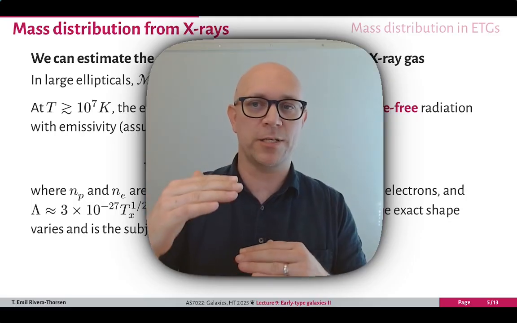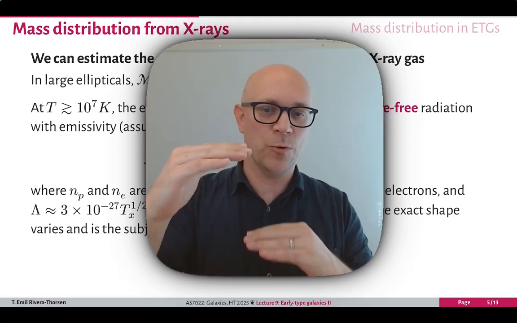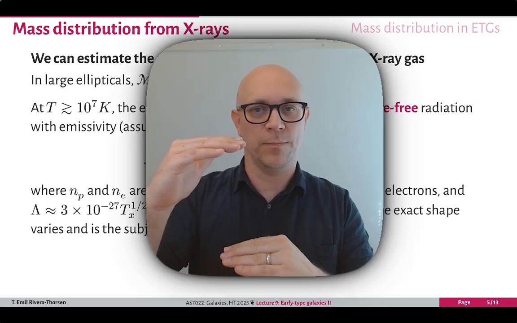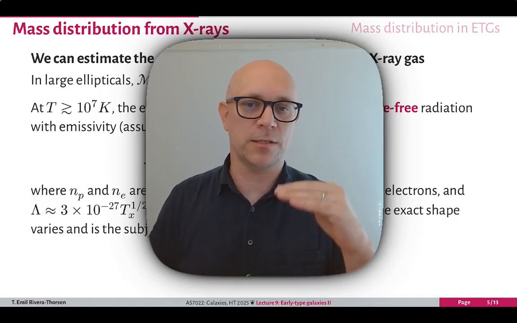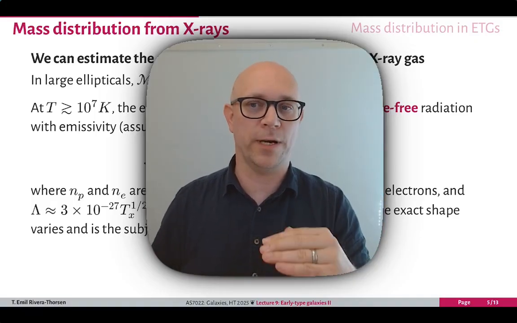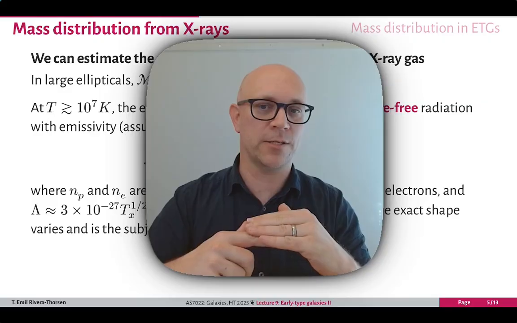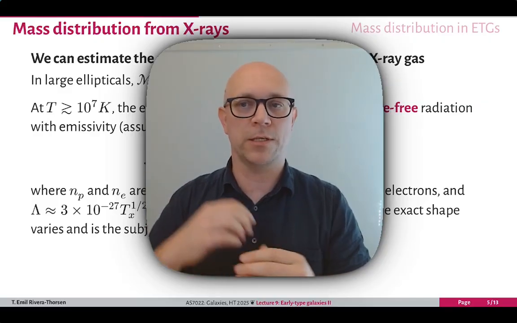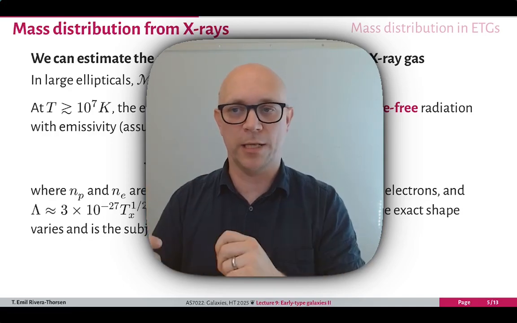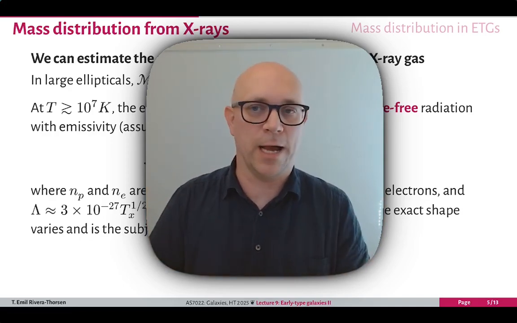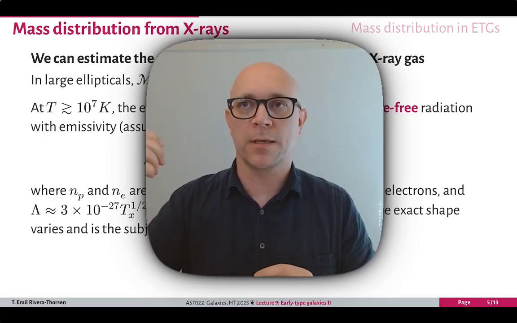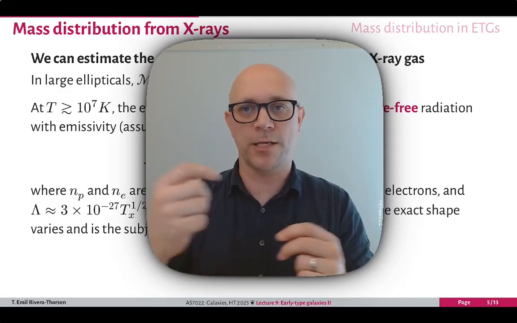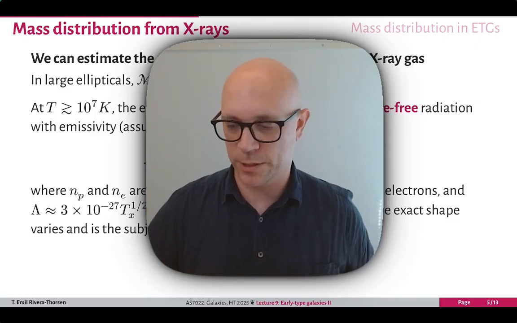So bound-bound radiation is the radiation between two bound levels in an atom or a molecule. Bound-free radiation is recombination radiation, where it starts in a free state and ends up in a bound energy state inside an atom. And free-free radiation is radiation that comes from an electron or potentially an ion, like a positive ion, that is ionized both before and after this emission.